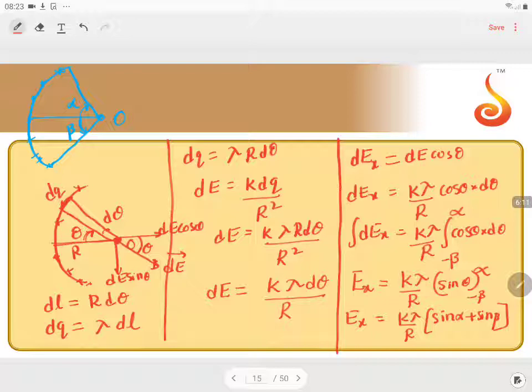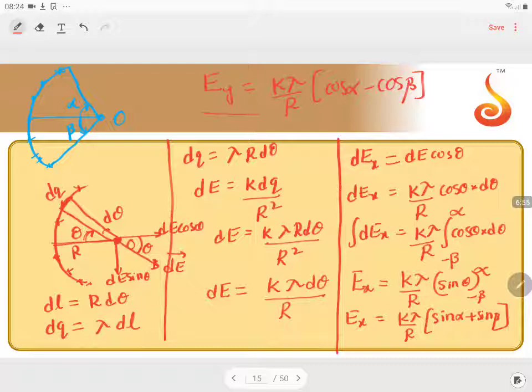Similarly, if you work out the y component of field, if you integrate dE sin theta, you'll get the y component of field as k lambda by r into cos alpha minus cos beta. So if you know the angles made by the ends of the arc with the horizontal reference line, then the x component of electric field will be k lambda by r into sin alpha plus sin beta, and the y component of field will be Ey equal to k lambda divided by r into cos alpha minus cos beta.